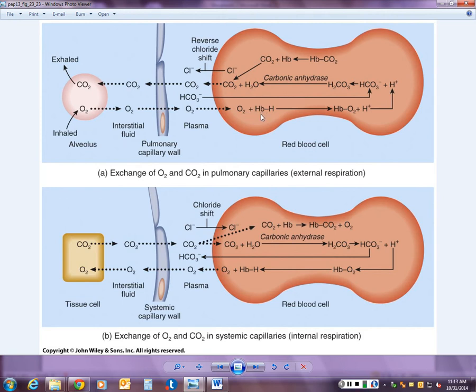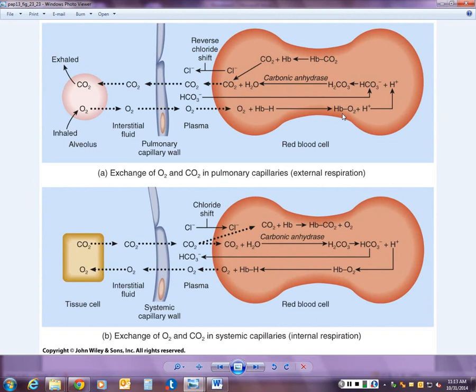Anything that hemoglobin may be holding on to, like a hydrogen ion or carbon dioxide, will be released and given off. When that release occurs, the hemoglobin is now free to bind oxygen, becoming oxyhemoglobin. So this is all about affinity. Hemoglobin binds the oxygen because its affinity will be high because the PO2 is high. And that's oxygen's story during external respiration.